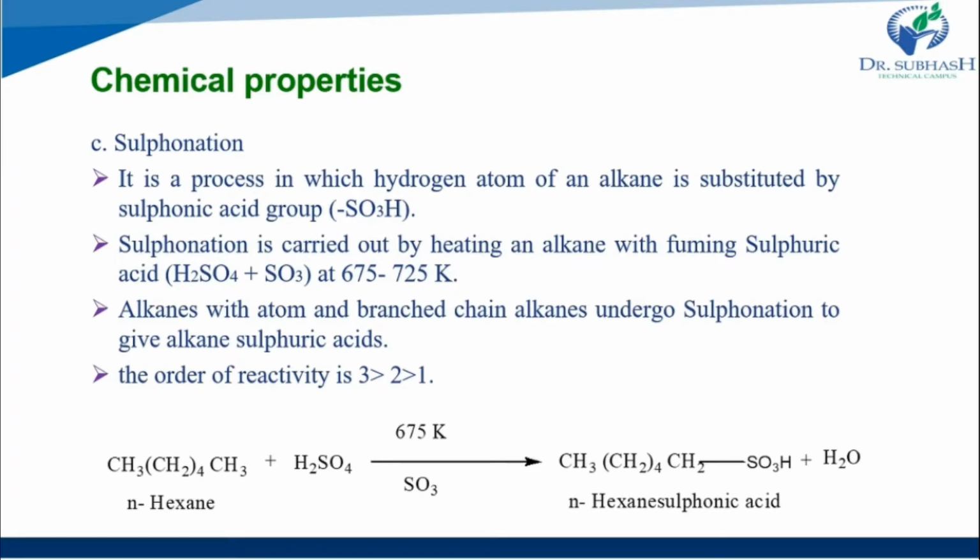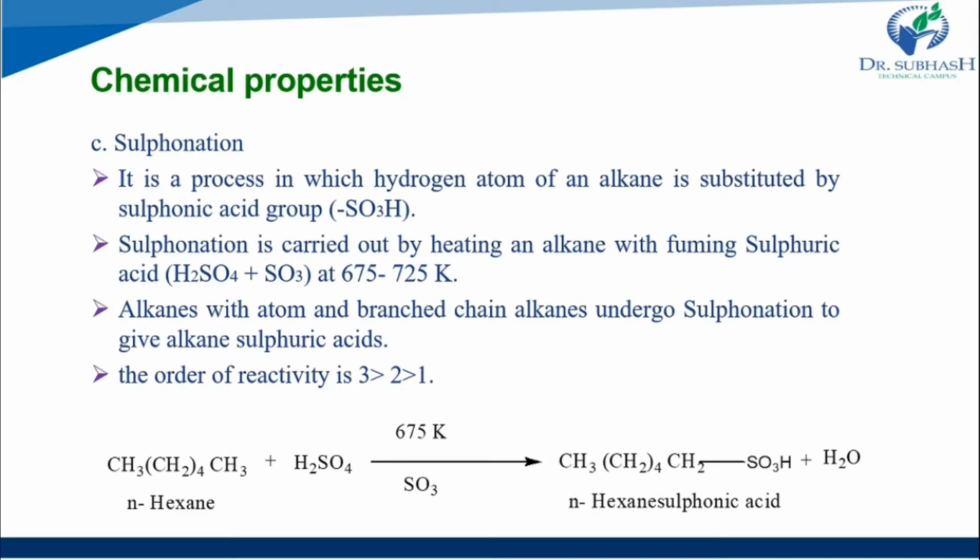And then the third reaction is the sulfonation reaction. It is a process in which a hydrogen atom of an alkane is substituted by a sulfonic acid group. Sulfonation is carried out by heating the alkane with fuming sulfuric acid, H2SO4 plus SO3, at a high temperature, that is 675 to 725 Kelvin.